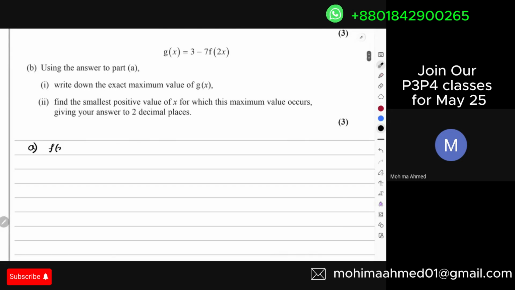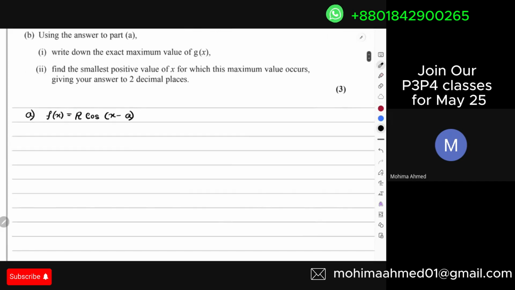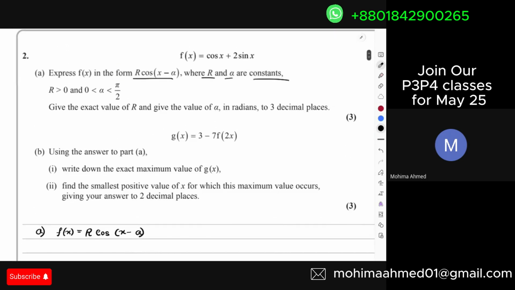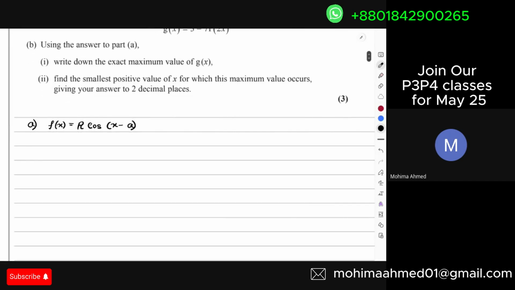In the given equation, the answer should be in the format R cos(x minus a). So for x minus alpha, we write cos x cos alpha plus sin x sin alpha.